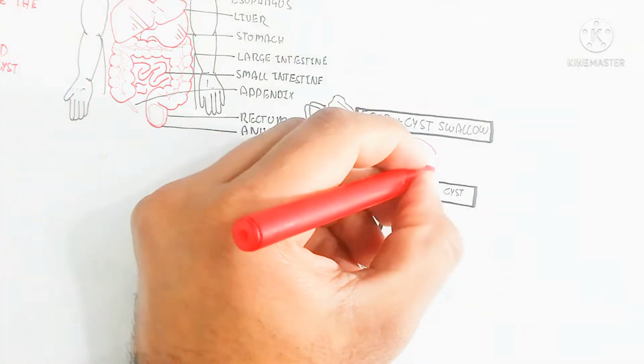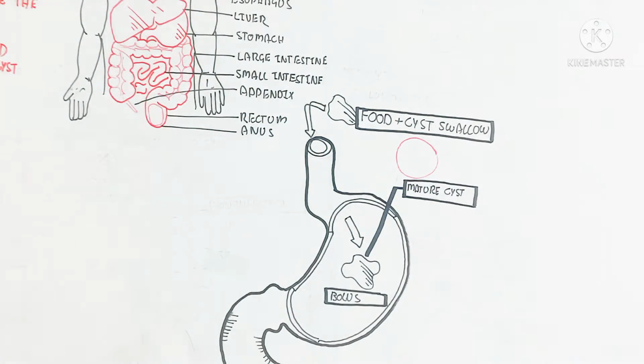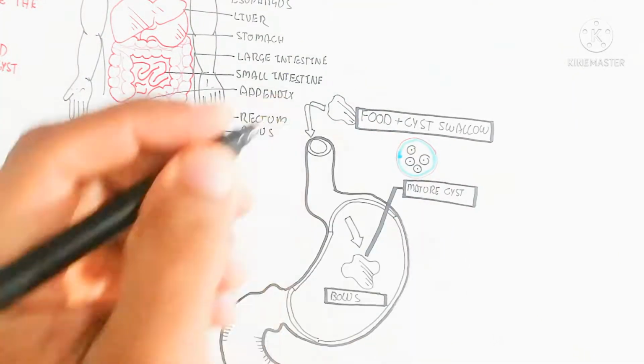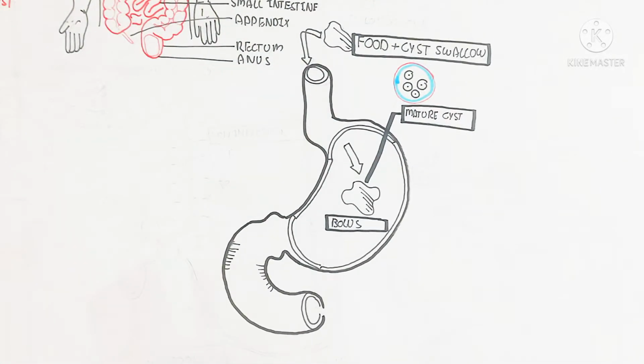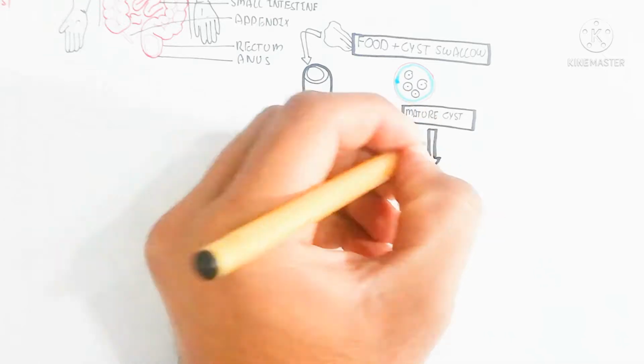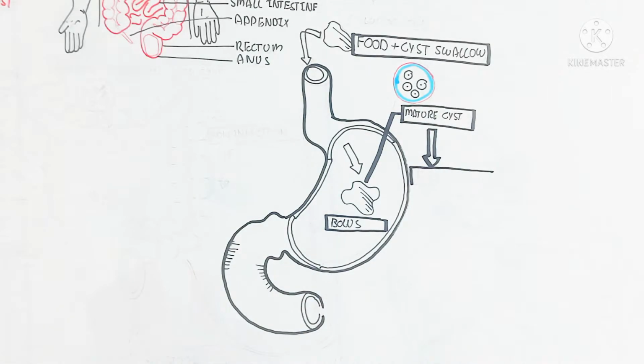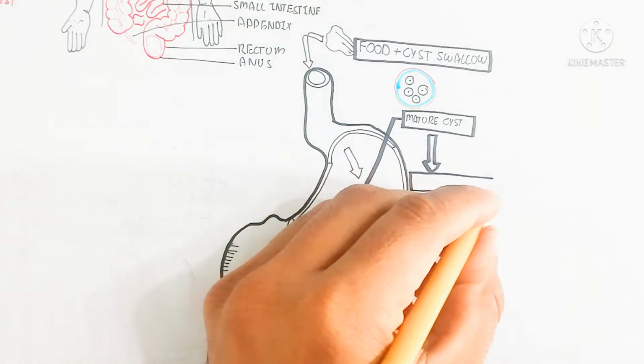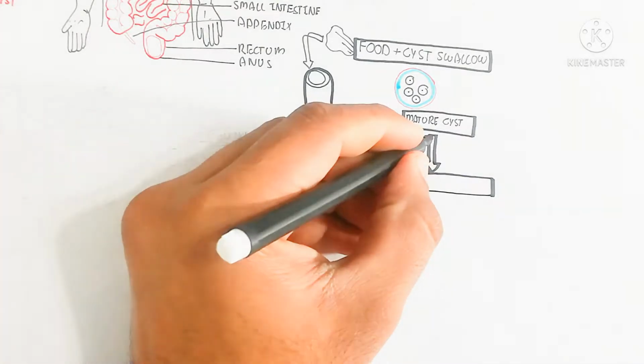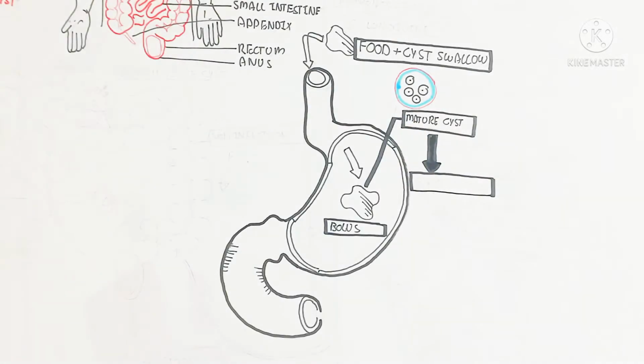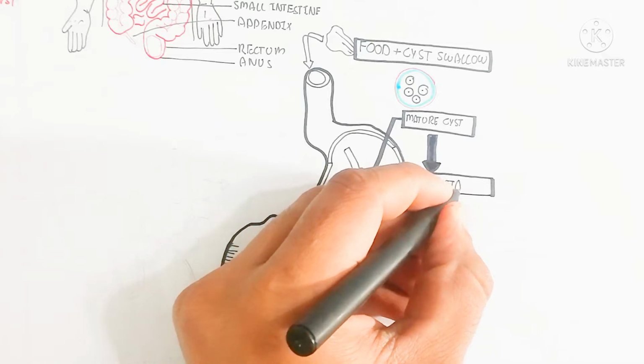These 4 nuclei of the mature cyst undergo excystation. Excystation means the escaping of the contents after development, with nutrition coming from the human digestive system.